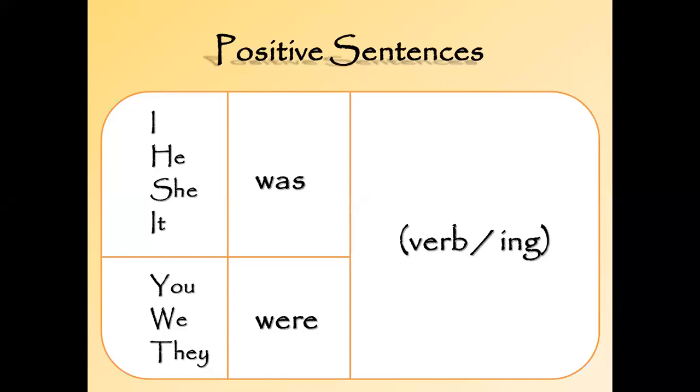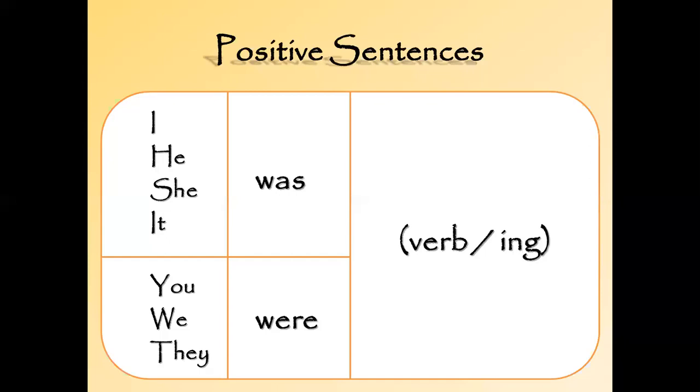We use them followed by the modal verbs. Of course, I'm not going to say am, is, and are. Am, is, and are is for the present continuous. But since we're talking about the past continuous, we use was and were. I was, she was, he was, it was, you were, we were, they were. And they are all followed by the verb plus ing.